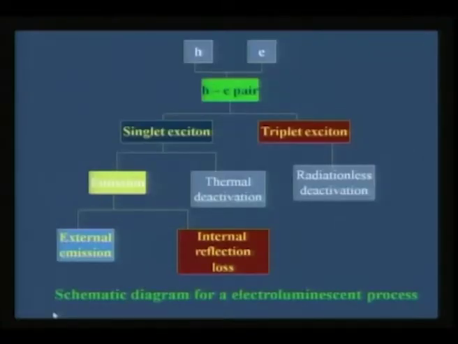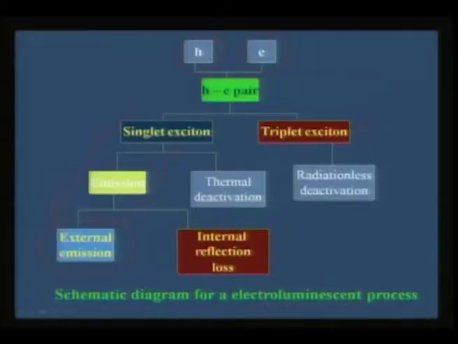I also told you about the mechanism, what exactly happens in the electroluminescent process, because you have a hole and electron combining to form a singlet exciton. It can also form triplet exciton, but singlet excitons are the ones which ultimately are going to give the external emission, which we see in terms of light output in the OLED device.